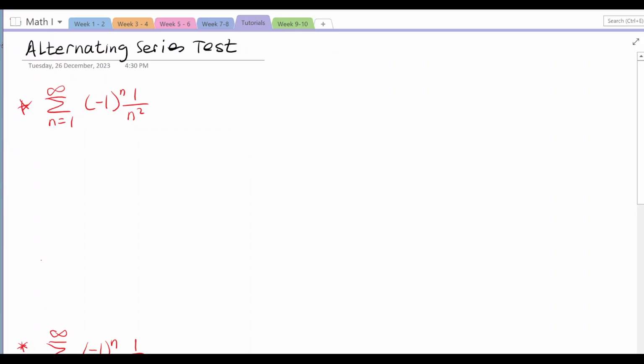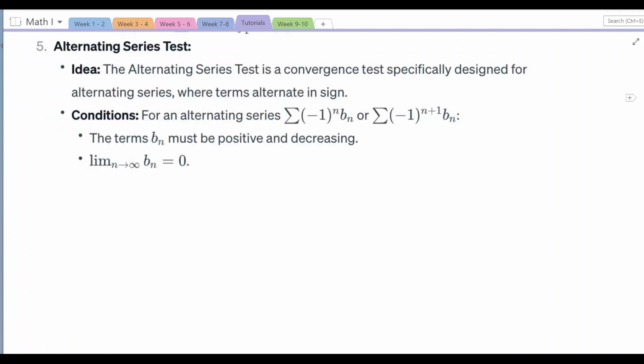Okay, let's do a couple of examples on the use of the alternating series test for determining convergence of a series. From the previous slides, the alternating series test can be used to determine the convergence of a series, as long as, take note of these two parts here, that one and this one.